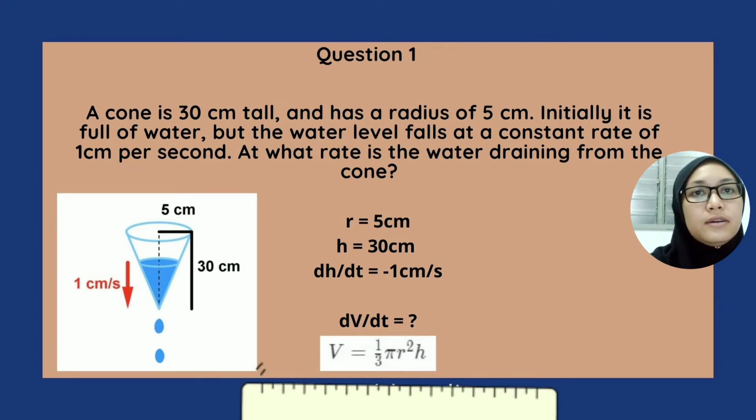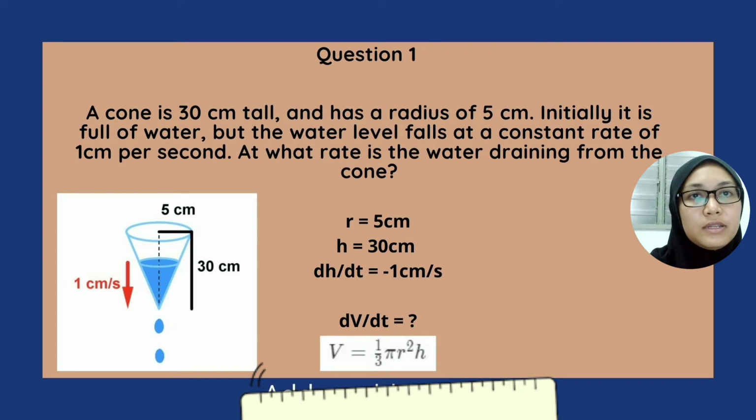So from the question, it is asking for the rate at which the water is draining from the cone. In other words, it is asking for the rate of change of the volume of the water.